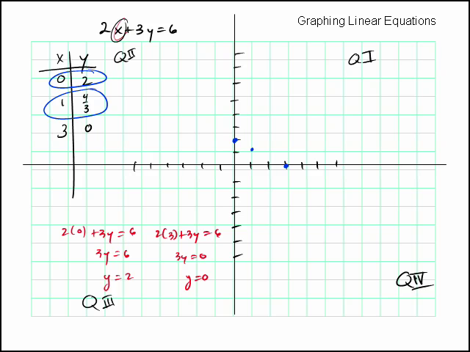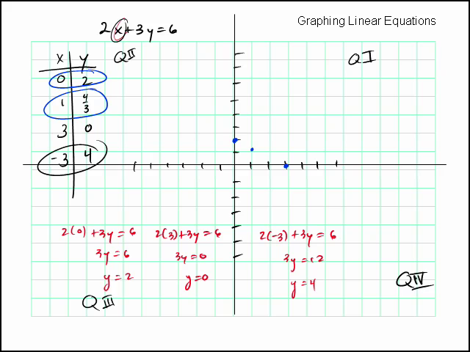What if x is, let's say, negative 3? If I plug -3 up there for x, I get 2 times -3 plus 3y equals 6. If I move that over, that's going to be 3y equals 12 and y equals 4. So -3, 4 is another solution to the equation.